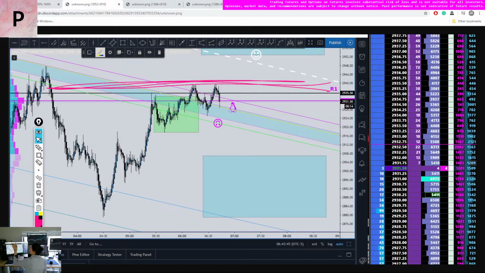So let's go back to this morning's session and let's talk about what happened when I took this long here. Understand that my stop has to be below the block trade, because we're looking for a target to the upside at previous resistance of value. Now, when I saw this start to dip down here, I waited for a retest of an area that would imply support.